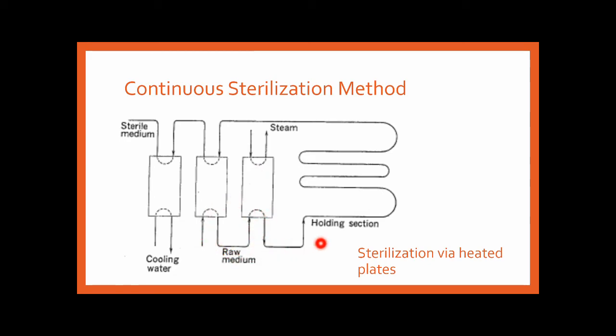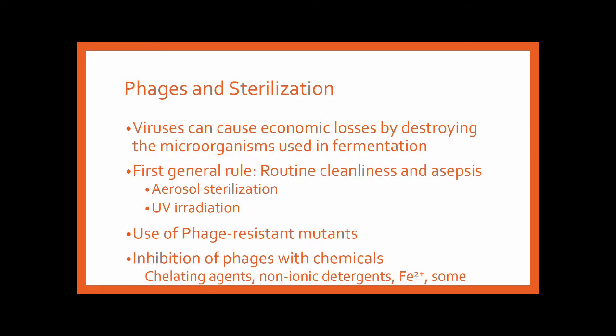And then you have the holding section, and the relatively hot sterile medium goes by here and will give an initial or priming heat to your incoming raw medium. And then you cool down your sterilized medium with cooling water. So this is the continuous sterilization method involving heat transfer.